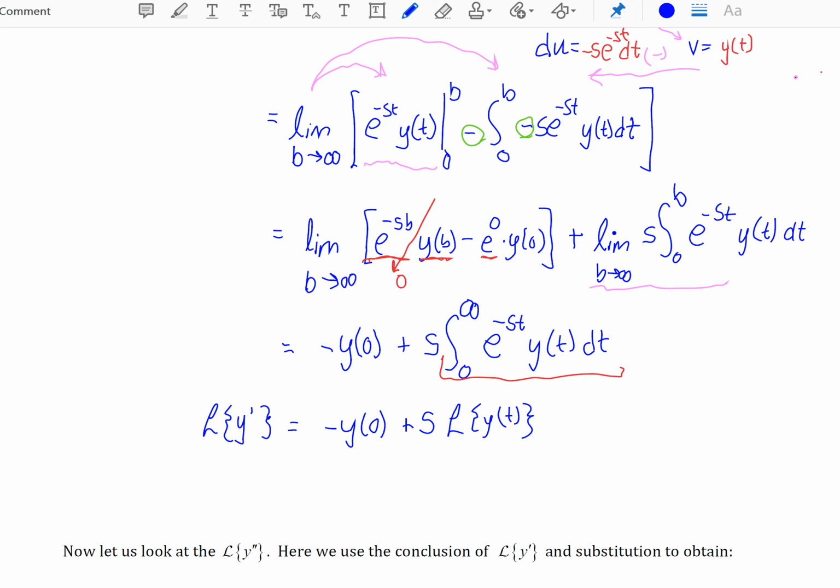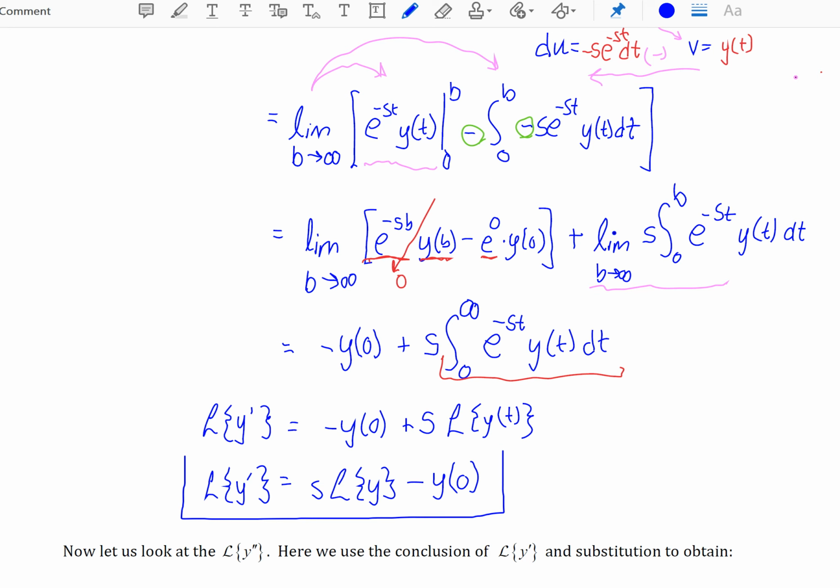However, our author will rewrite this as s times the Laplace of y minus y evaluated at 0. And this is our representation for the Laplace of y prime in terms of the Laplace of y.